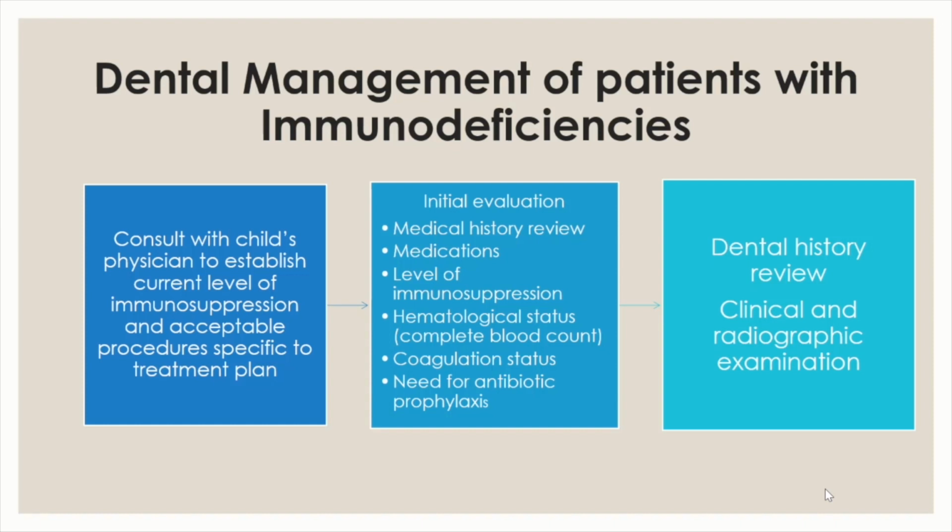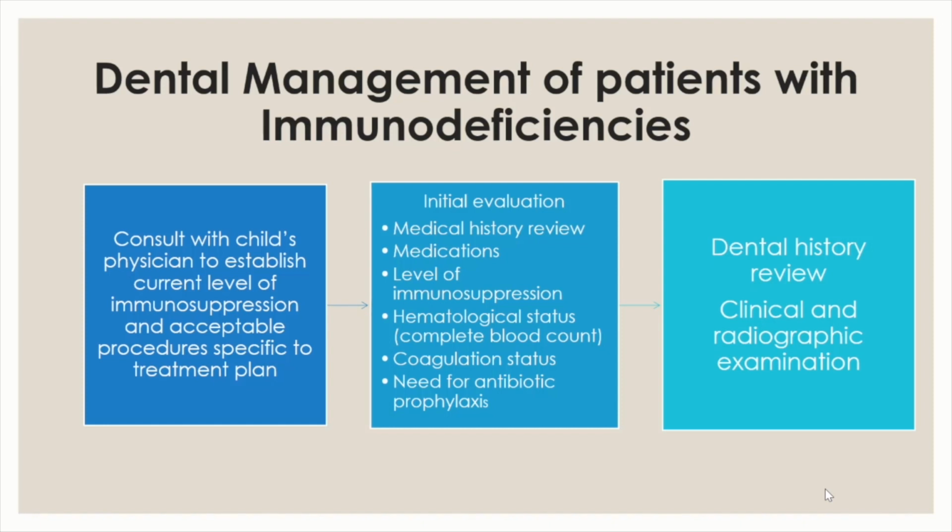The dental needs of children with immunodeficiencies or infected with HIV are best coordinated with the medical team. So it's important to consult the child's physician to establish the current level of immunosuppression, and then consider the type of treatment to be included in the treatment plan. For initial evaluation, it is important to maintain up-to-date medical history information regarding recent hospitalization and also episodes of infection.